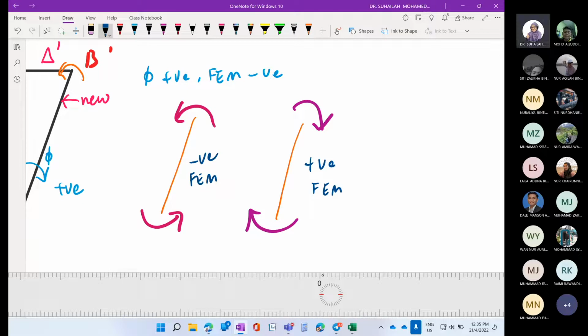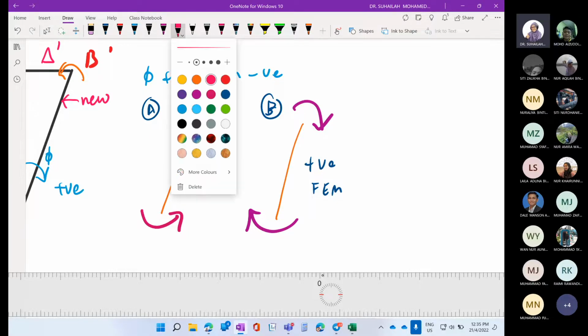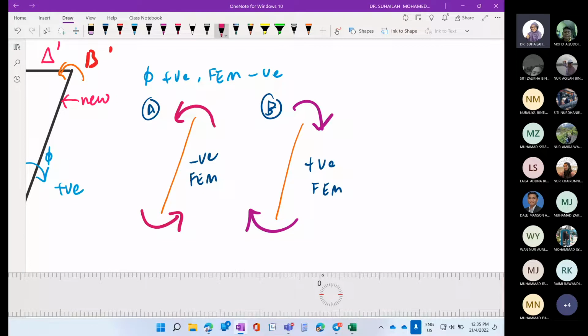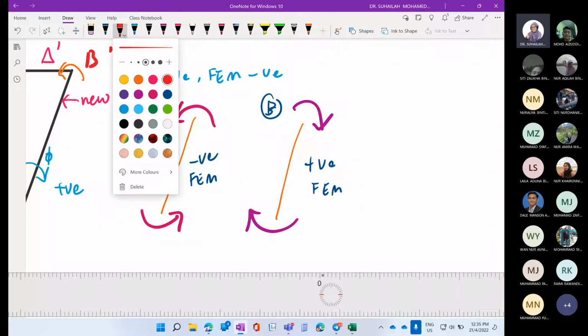Which one is the correct one to remain stability? Is it A or B? The behavior. Which one? A. So A is the correct one.